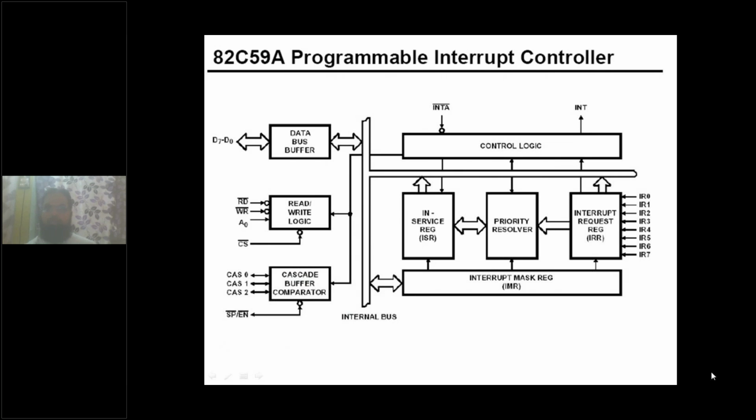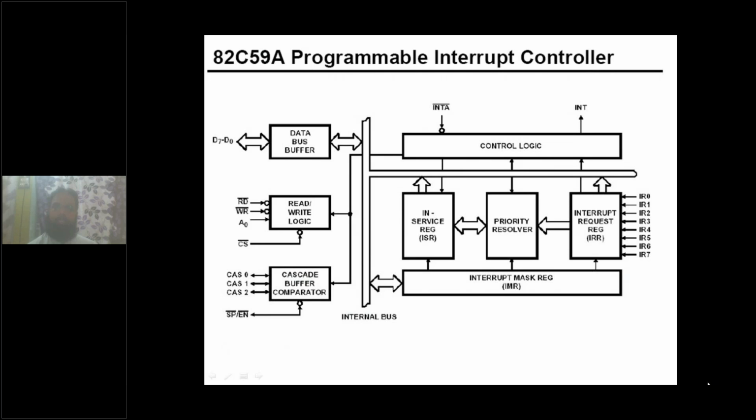8 different IO devices can send the interrupt signals to the processor, but not directly to the processor. They send the interrupt signal to the interrupt controller. After getting the interrupt signals, the interrupt controller resolves a priority among the available interrupts and then sends only the highest priority interrupt to the 8086 processor.